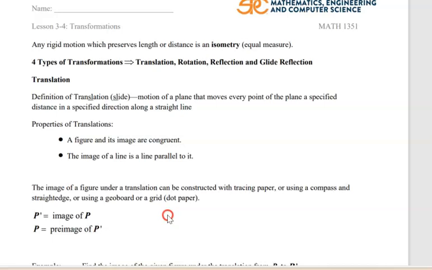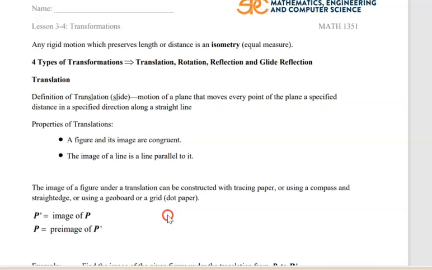So we refer to this also as a slide, where you take whatever figure you are given on the plane and slide it to a new position. Wherever this figure lands, it will be congruent to the original figure that you start with. It's going to be the exact same shape and the exact same size in a different position on the plane.